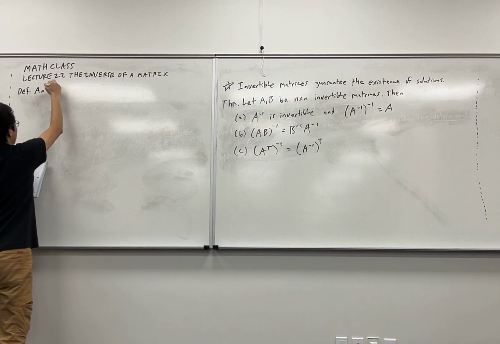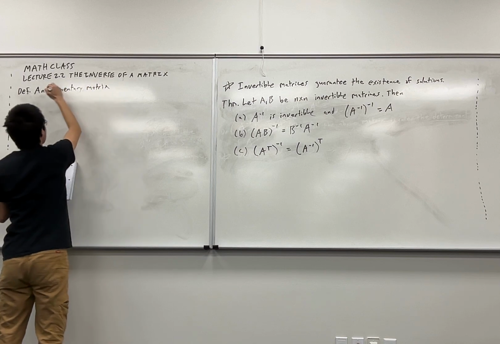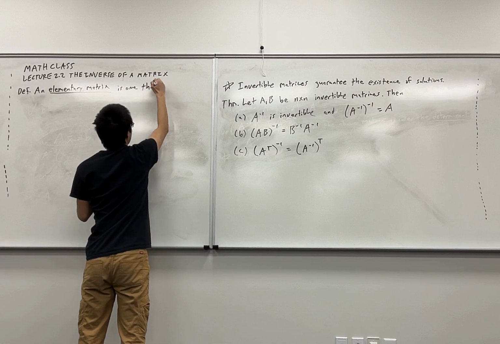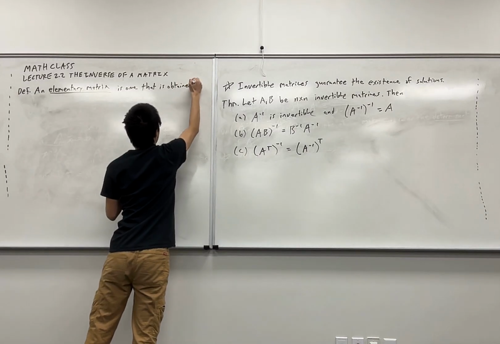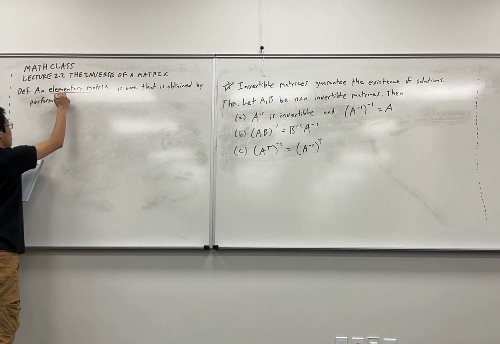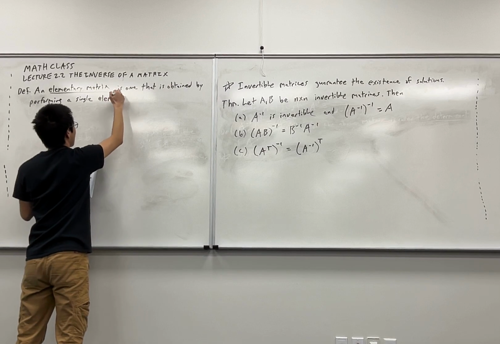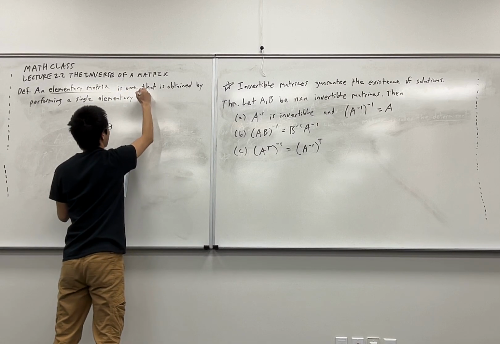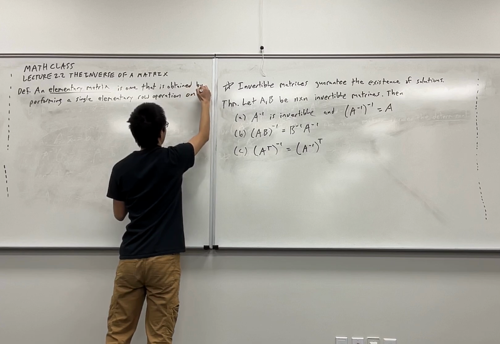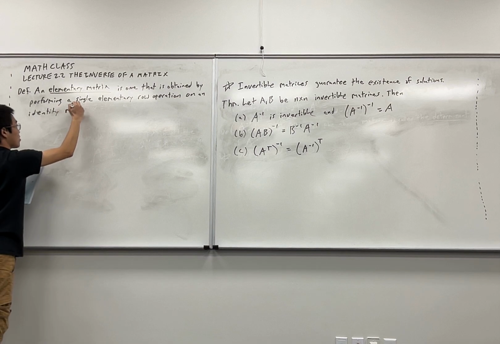An elementary matrix is one that is obtained by performing a single elementary row operation, something that should be near and dear to your hearts by now, on an identity matrix. Okay, so what does that mean?